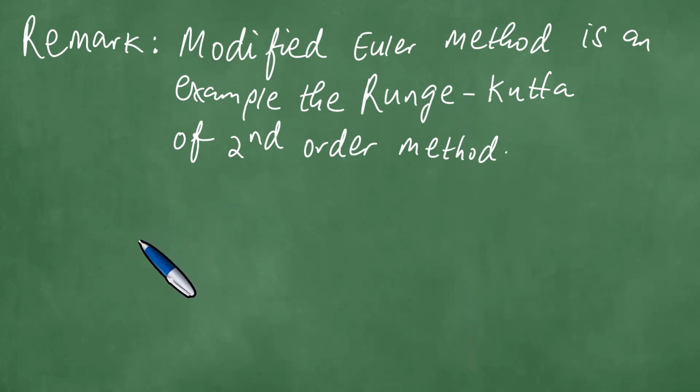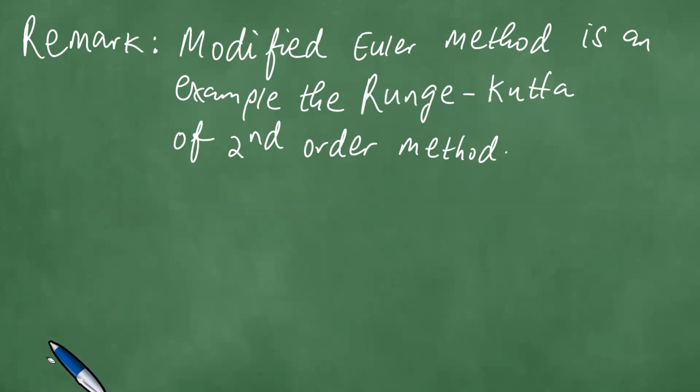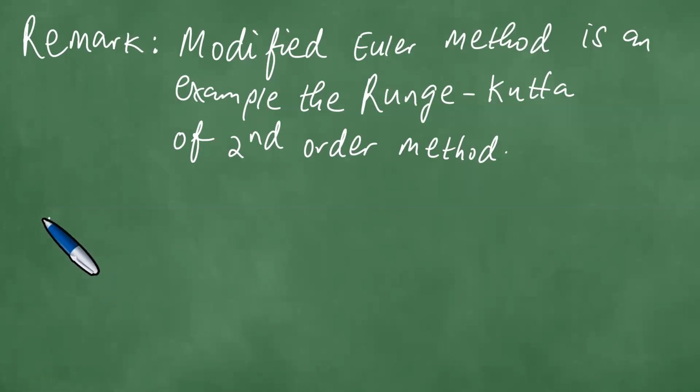Now, let's just see what this is here. I want to speak about the Runge-Kutta of order 2, because today we're going to be looking at calculations of the modified Euler, but this Runge-Kutta is part of it, because of the corrector.